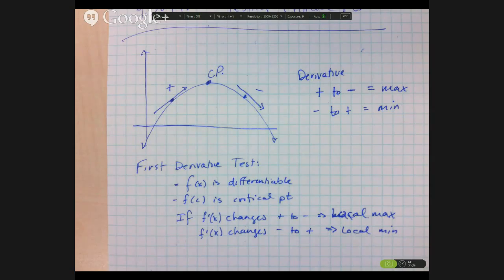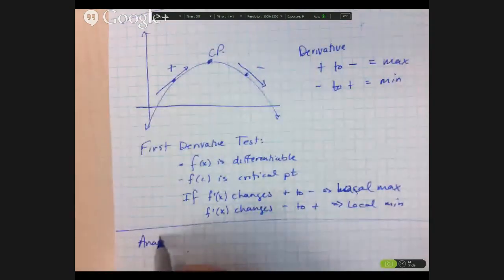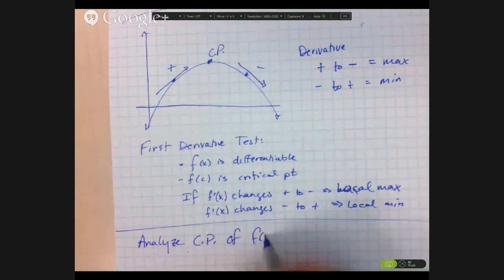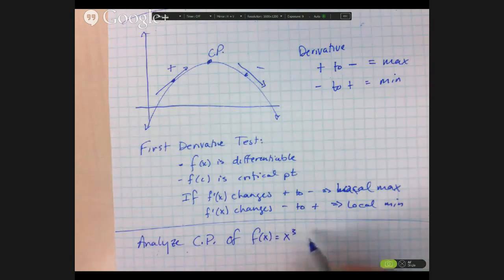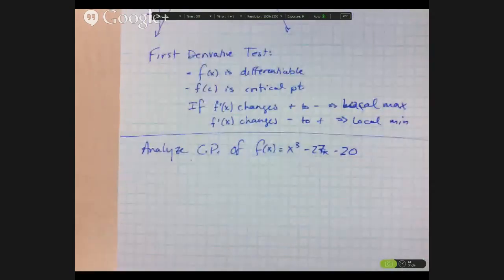Let me give you a couple examples, and then we'll be good. Okay, so let's analyze the critical points of x cubed minus 27x minus 20.